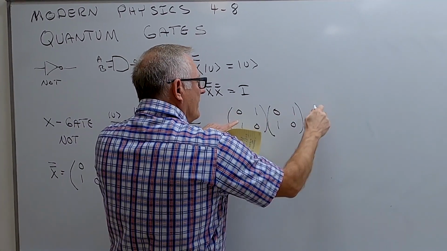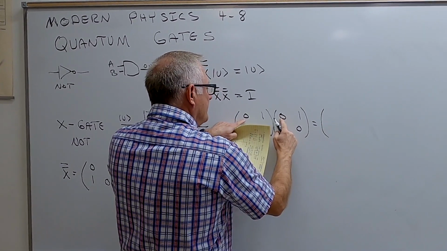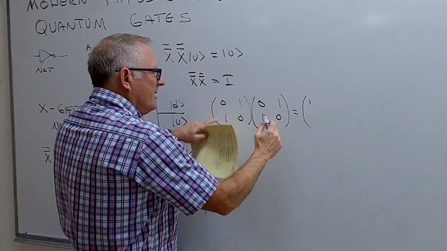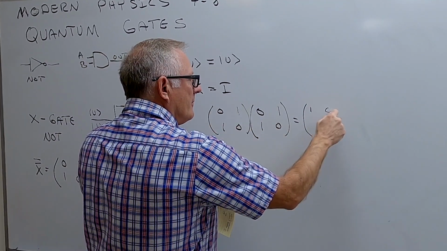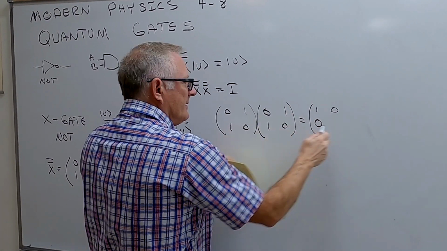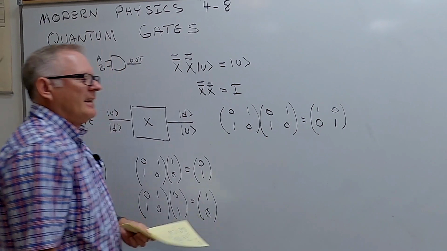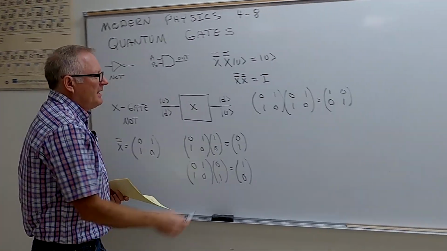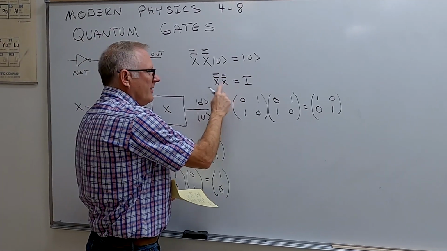Well, that gives me 0 plus 1, which is 1, 0, 0, 1. Which means I got the identity matrix.